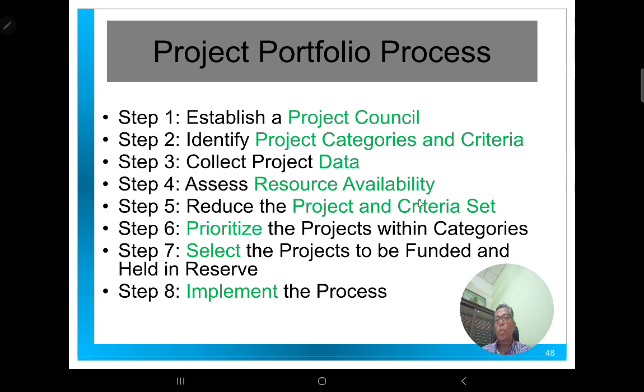Maybe you will look into how you can optimize resources. Step number six, prioritize the projects within the categories. That means you have multiple projects, so you will need to decide which project will have the highest priority to be implemented first. Some maybe can be implemented later, and so on.